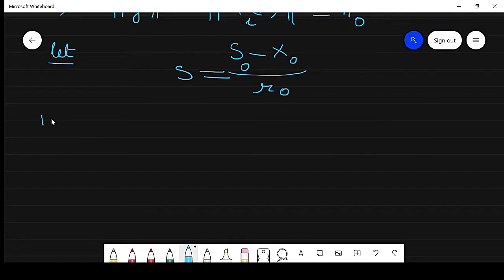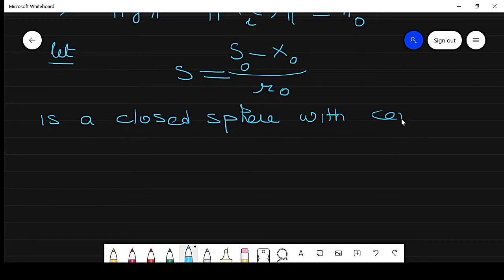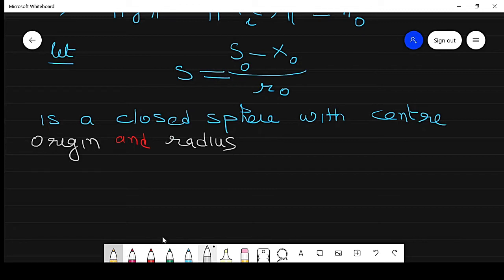It is a closed sphere with center origin and radius unity, 1 means unity. So this can be written in this form.